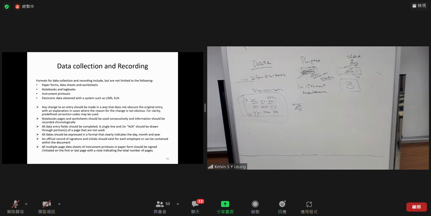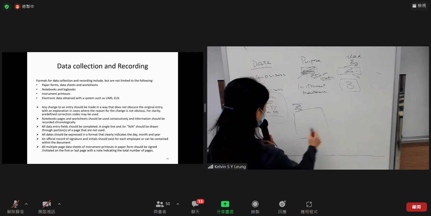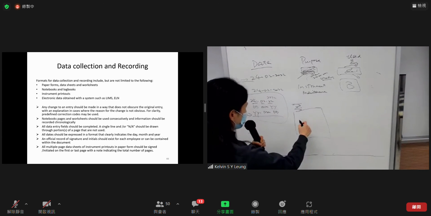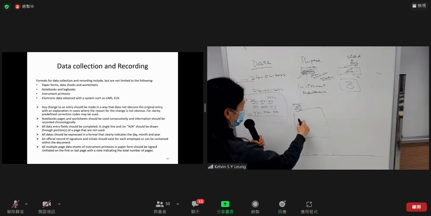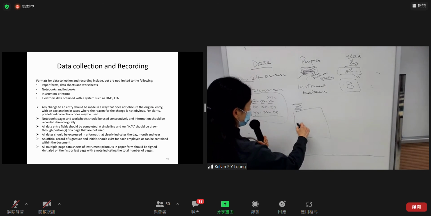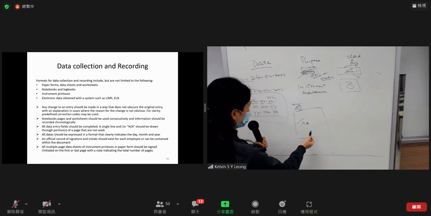And for some of the data, let's say in the validation, because you have designed your worksheet, for any places where you don't have any data, maybe you cross it out, or type NA, not applicable. Don't just leave it blank.